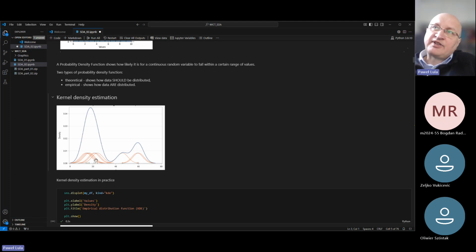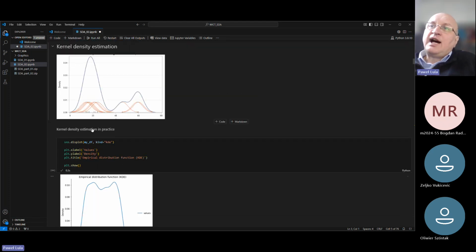The kernel is represented by every orange line, by every orange object which is located under every point which we have in our data set.